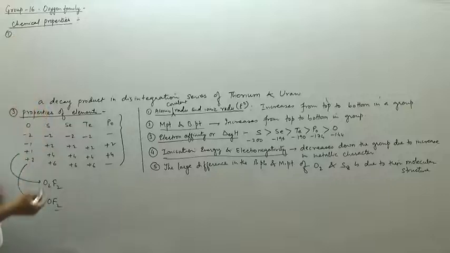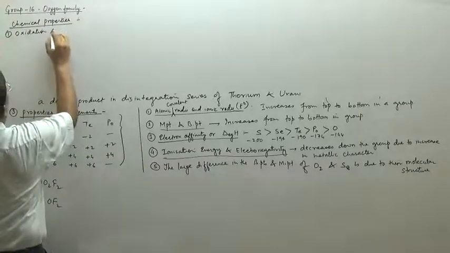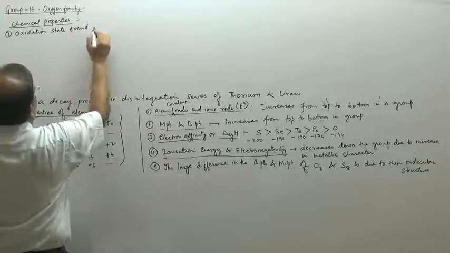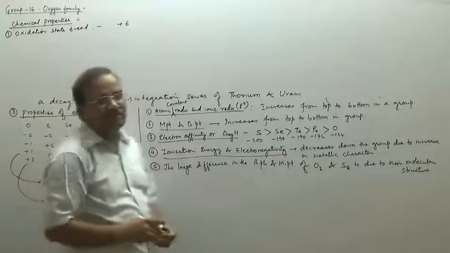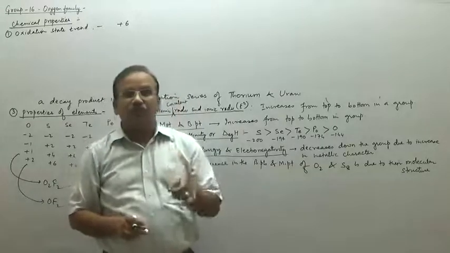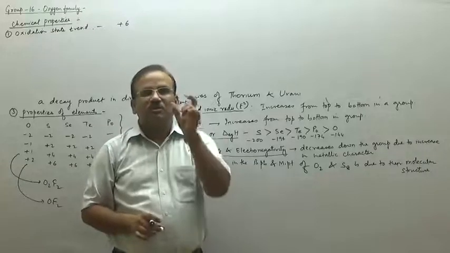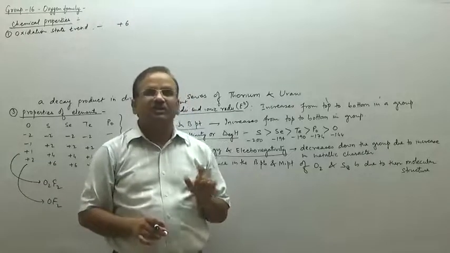First, in the chemical properties, we can write the oxidation state trend in chemical reactivity, that is stability. The stability of the +6 oxidation state decreases down the group, except for oxygen, because of the inert pair effect.